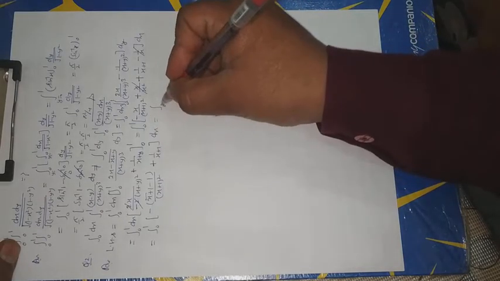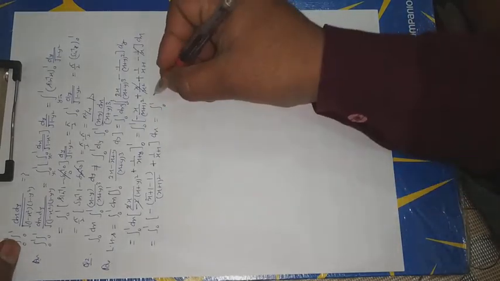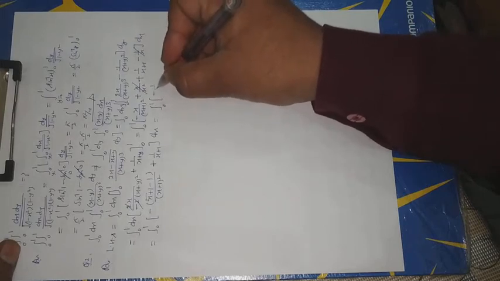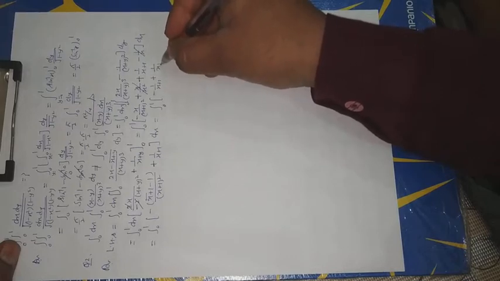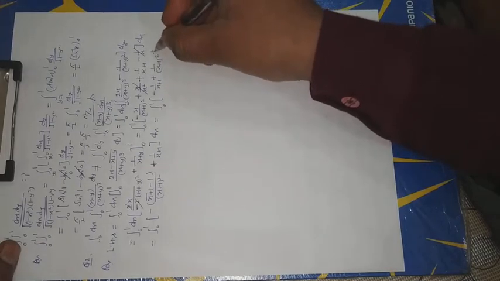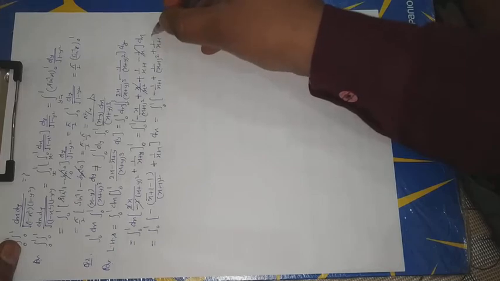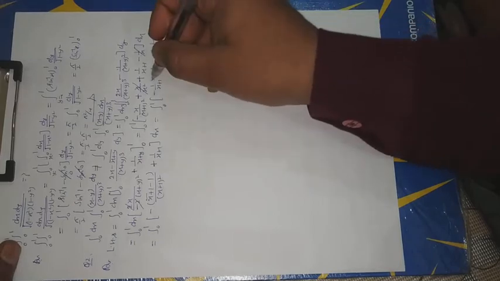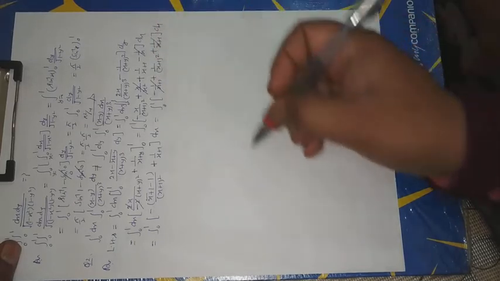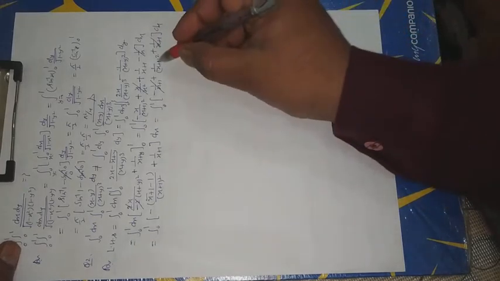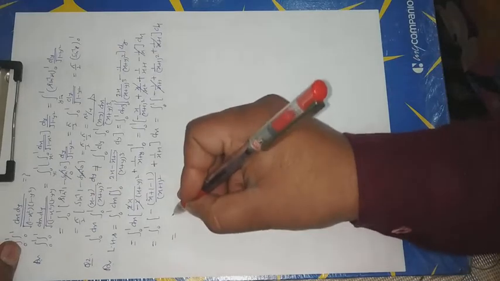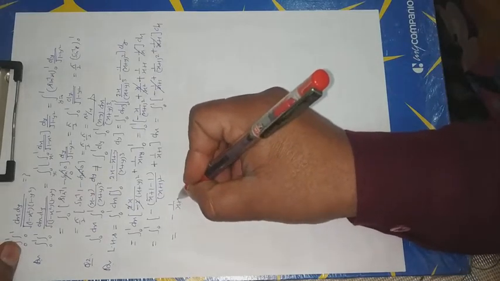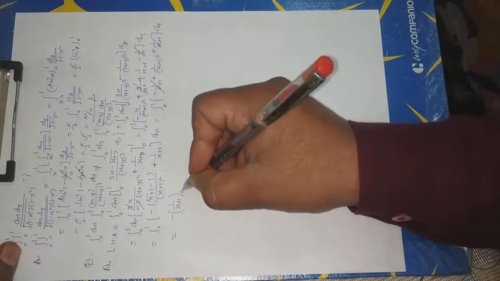This is equal to integral limit 0 to 1, minus 1 upon x plus 1 minus plus 1 upon x plus 1 whole square plus 1 upon x plus 1 dx. Now the first term cancels by the last term. Now integration of 1 upon x plus 1 whole square is equal to minus 1 upon x plus 1. Now limit 0 to 1.